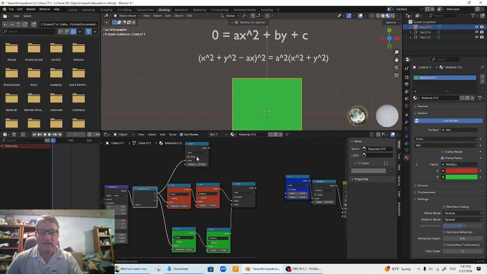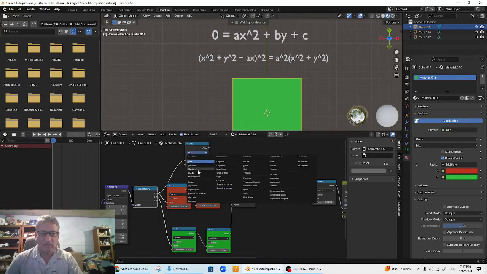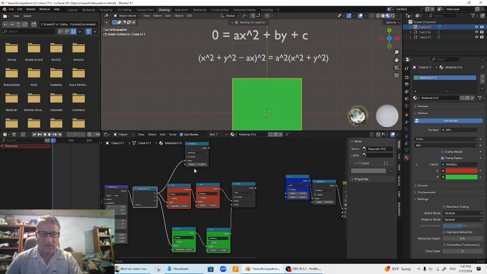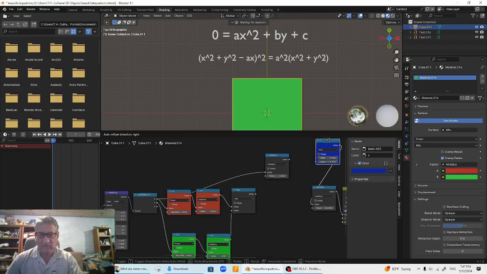And it's going to be a multiply node for x. And it's going to be set to 1. Because right now we don't have anything on there. So multiply, and then that ax is going to be subtracted from these two. So we're going to plug that and that, move this out of the way.